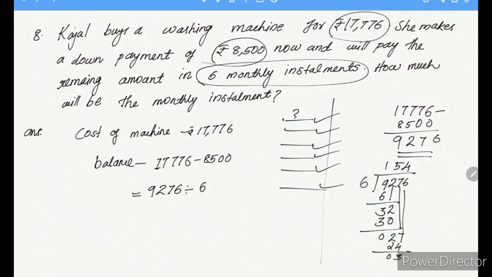Here 0. And we can write 3 here, 6 here. In 36, 6 times 6, 36 and 0. And we will get 1,546. That means she need to pay in 1 month 1,546 rupees. Is it clear? Okay.